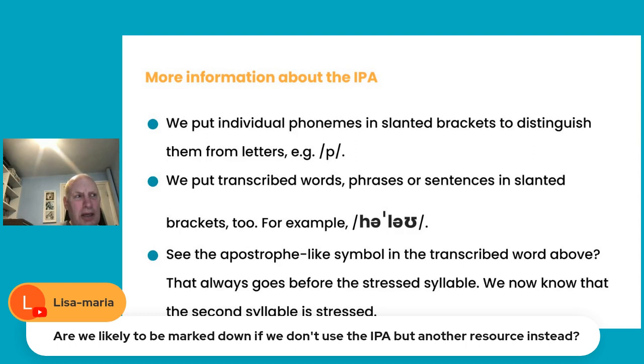Some things might be a bit wrong, but nobody's going to get hurt. But when you teach the wrong form, or the wrong stress, as a marker you're thinking, no, this is actively confusing the students and giving them wrong information, and that for me is more serious. So in short, if you don't use the IPA, you'll probably be okay, but you do need to make sure that the stress is correct. That's quite an important point to make.